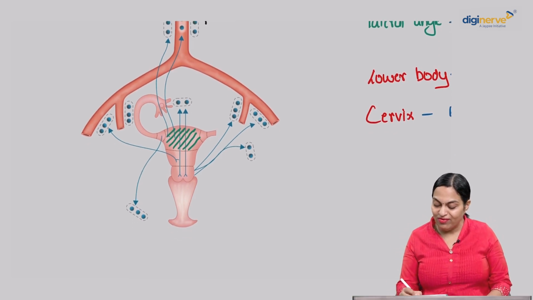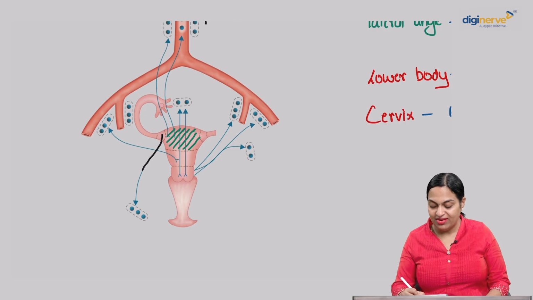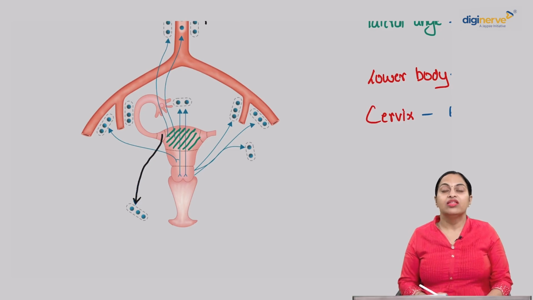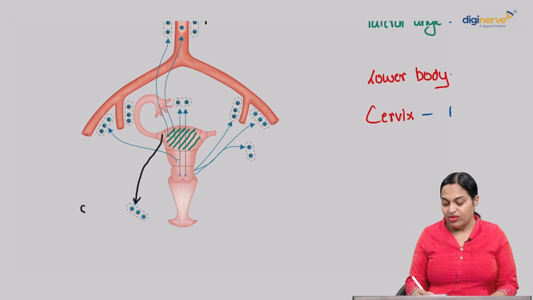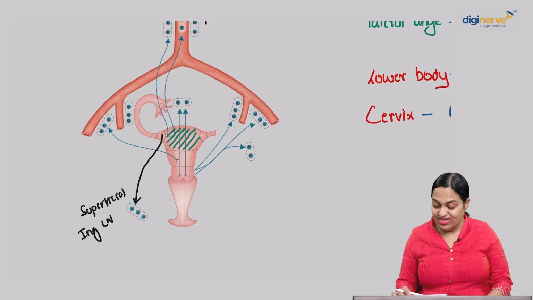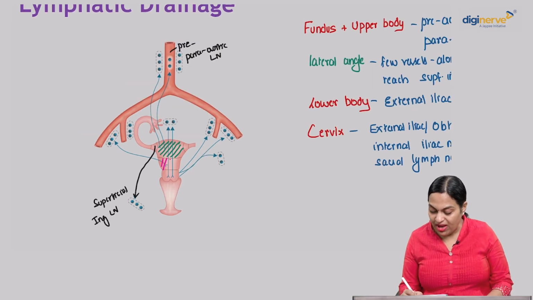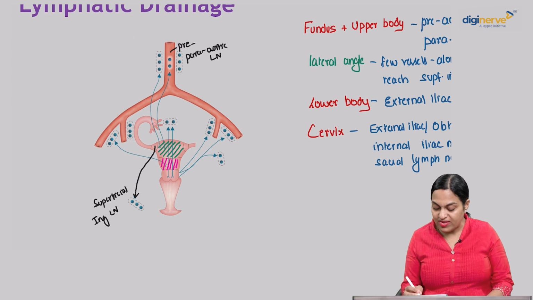And some of the lymphatics from the lateral angle of the uterus, they follow the round ligament to reach the superficial inguinal lymph nodes. And the lymphatics from the lower part of the body, yes, they reach the external iliac nodes.